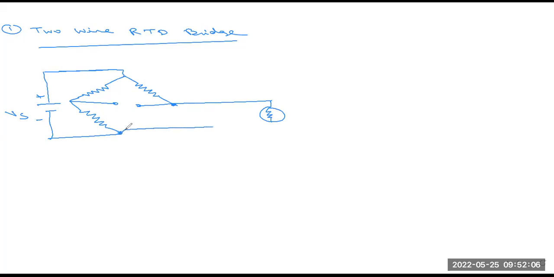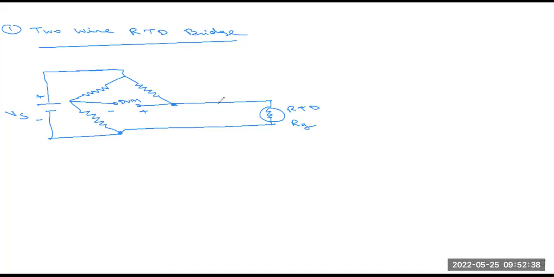This is the RTD, and we denote it here as RG, with minus and plus, and here one DVM we attach. This is called the digital voltmeter. So this is basically the structure of the two-wire RTD bridge.